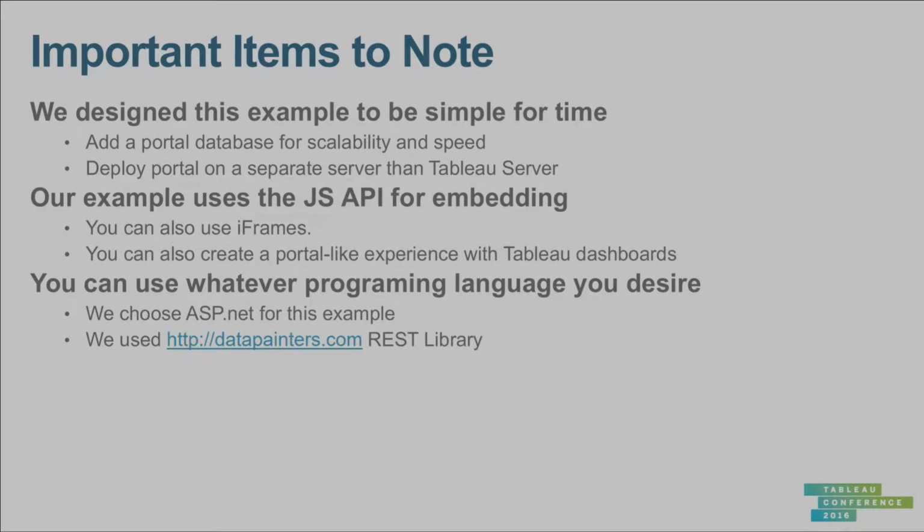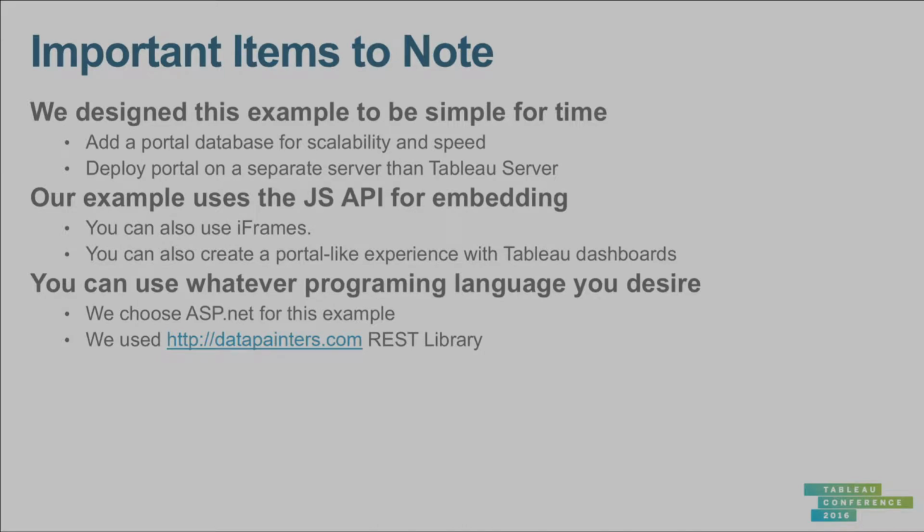We're using ASP, but you can really use any language that you want. Part of what we did, we're using a REST wrapper library. Tableau is starting to produce server-client libraries, but right now it's only available in Python. Because we wrote this example in C# for ASP, we ended up using a different library. If you saw the devs on stage, the client libraries can take 300 lines of code to make one call to the REST API and turn it into 3 lines of code.